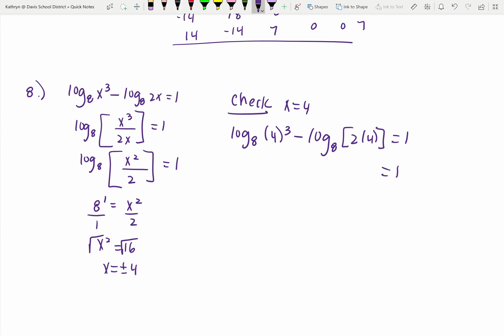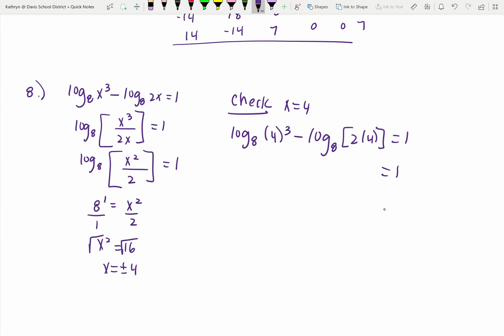Let's see, let me do it again. Okay, I think I might be putting this in wrong. I'm just checking what I've done.